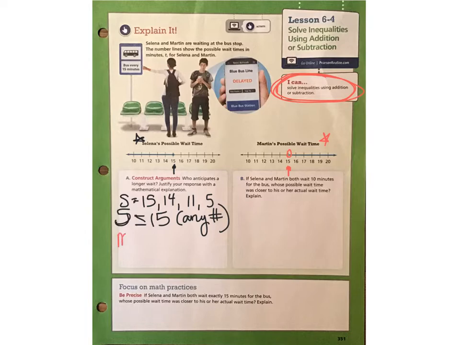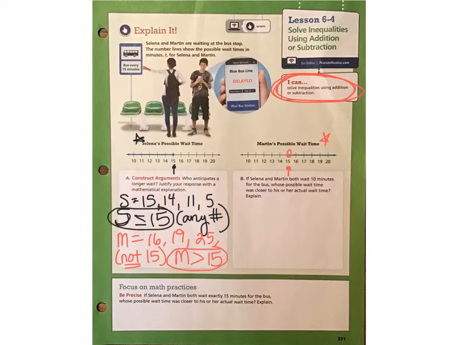So when I look at Martin and I consider what possible answers could be his wait time, I'm looking at everything to the right of 15: 16, 19, 25, and so on. But because the circle is not filled in at 15, that means 15 is not included as part of the solution. So Martin's wait times are actually greater than 15, but do not include 15 as a possible answer.